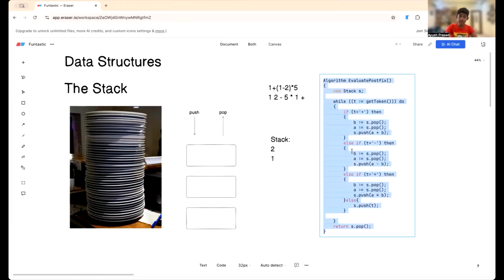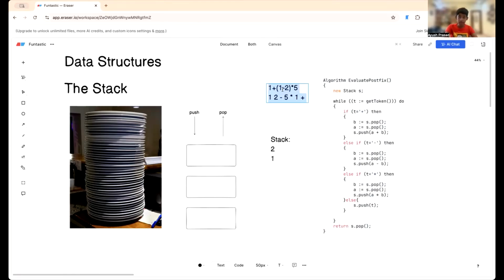Now you may notice that we're putting B first and then A. Why is that? Well, subtraction depends on the order in which you subtract. And remember, A is not the one which is on the top of the stack. A is the oldest number closer to the bottom, which was the first number written.